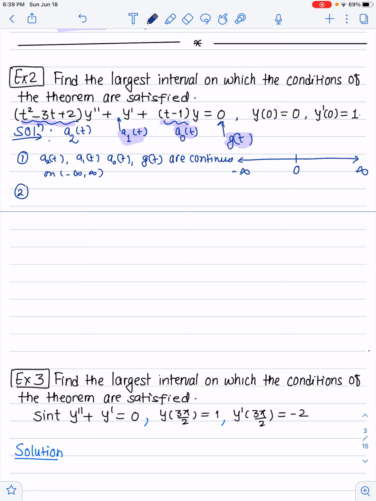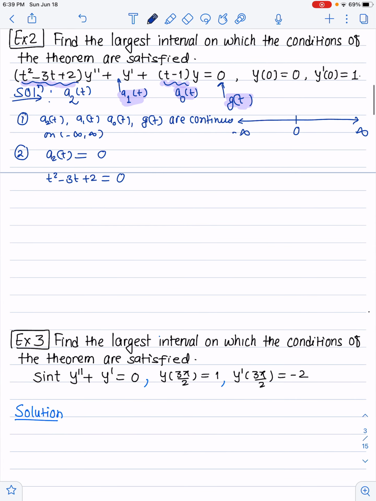Now the second property is a2(t). Let's see whether a2(t) equals 0 or not. Because a2(t) is a quadratic function, let's say that this equals 0. So a2(t) is t square minus 3t plus 2 equals 0, and you can find the values of t by any method. I'm just using the factoring method.